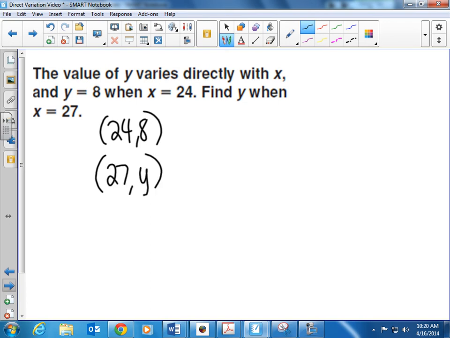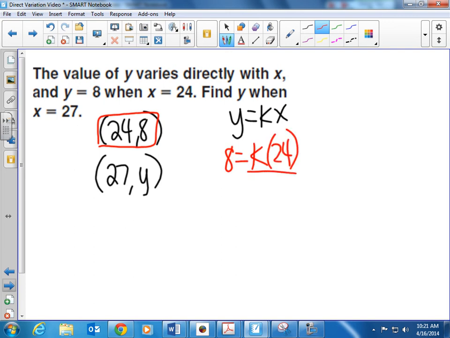All right, well, I know it's direct variation, so I know it fits with my equation y equals kx. So I can take the ordered pair that I know and solve for the constant of variation. So my y is 8, I'm searching for what k is, and I know that my x is 24. So if I divide each side by 24, I have found that my constant of variation, if I reduce that, is 1/3. All right?